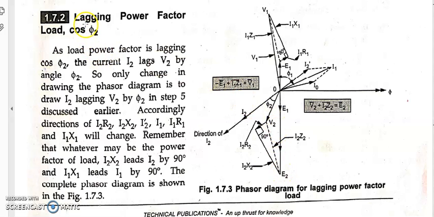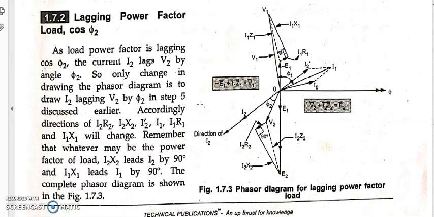Now, in order to show that my load is lagging or my load is inductive type, what we need to show is, we know that we have a relation between current as well as voltage with respect to secondary, that is I2 and V2. If I connect an inductive load, then we know that current lags voltage by a certain angle. If it is a pure inductive load, obviously it will be 90 degrees.